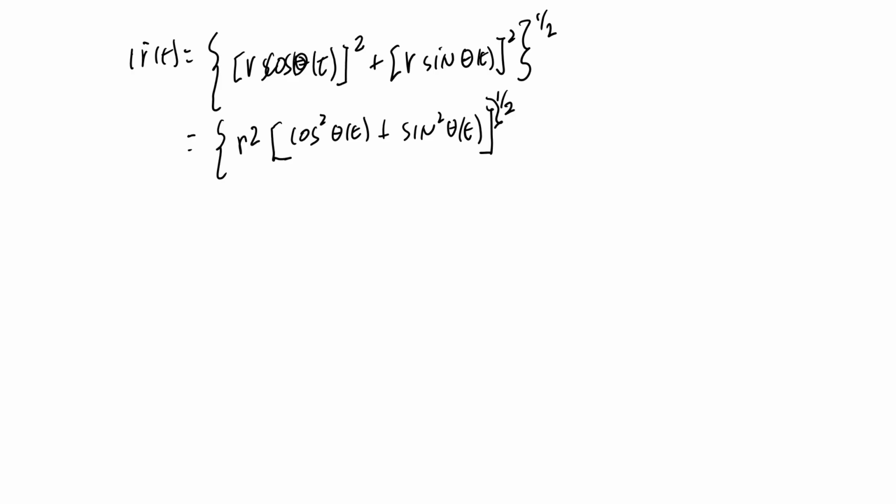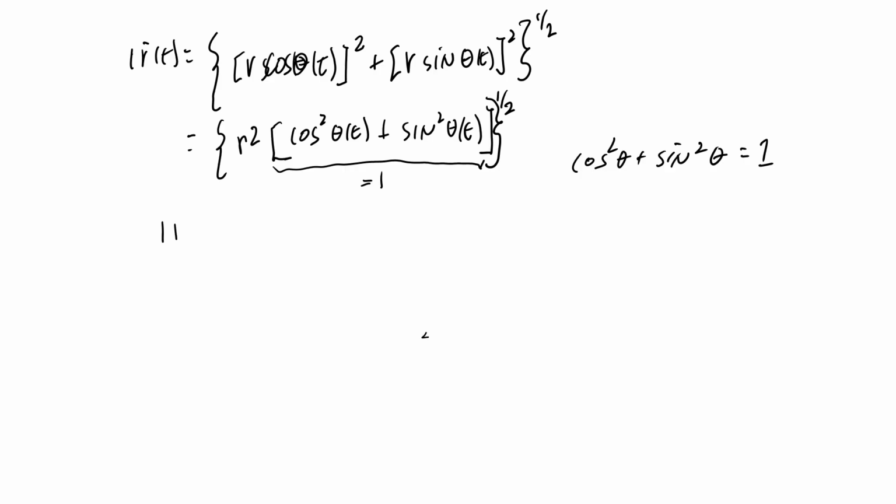Well, the whole quantity, we take the square root of it. But now we realize that this right here is just equal to 1, because the cosine squared of an angle plus the sine squared of an angle is equal to 1. That's a trigonometric relationship.